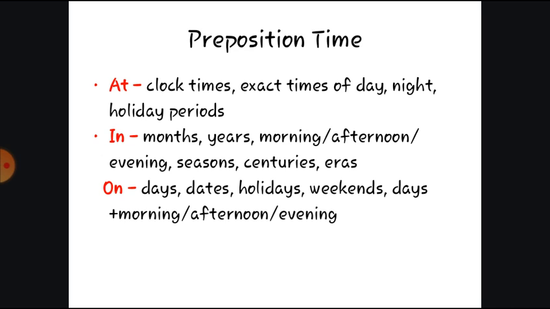So here again, what you see is that in as a preposition is used before century. In the first sentence, 16th century is there, and in the second sentence, 20th century is here. So through these two examples, what you should learn is that whenever a century is there, you should use in as a preposition.